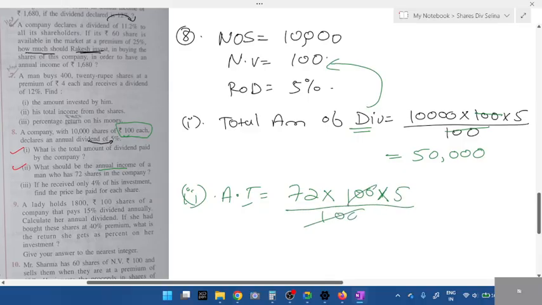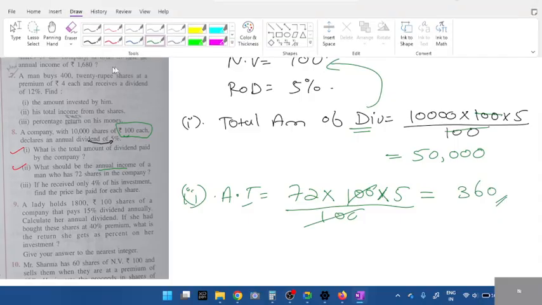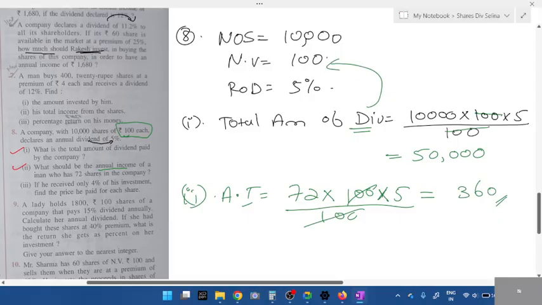Everything is the same. Check the answer in the text. Is the answer correct? I'll read again. What should be the annual income? We need to find the annual income of a person who has 72 shares in a company. Apart from 72 shares, everything is the same. Nominal value is 100, rate of dividend is also 5%.